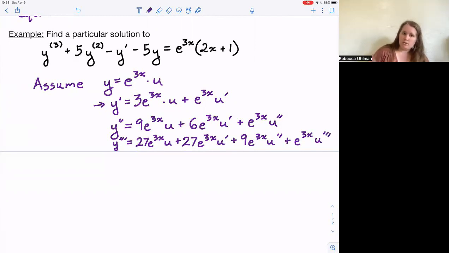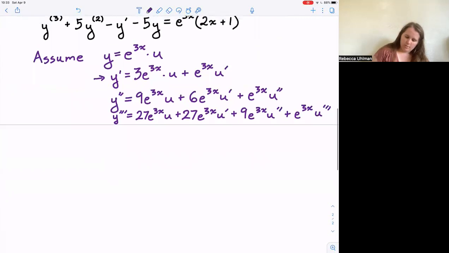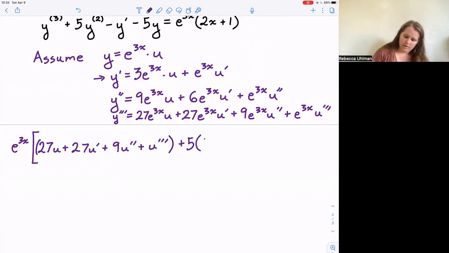And so our equation becomes, I'm going to just pull an e to the 3x out of everything. We have 27u plus 27u prime plus 9u double prime plus u triple prime. Then we have plus 5 times 9u plus 6u prime plus u double prime.